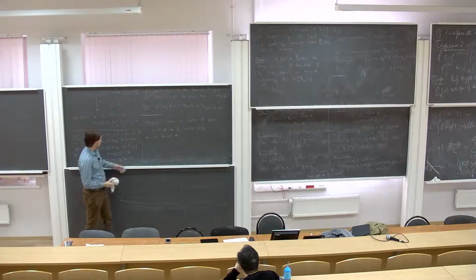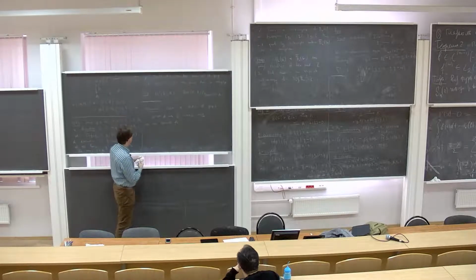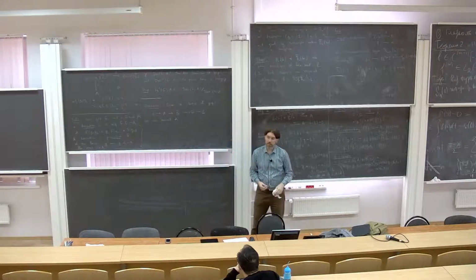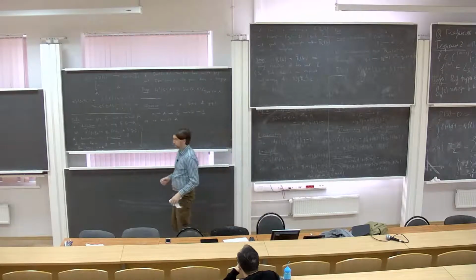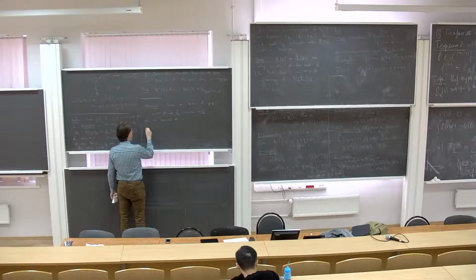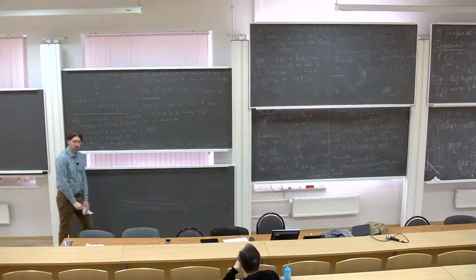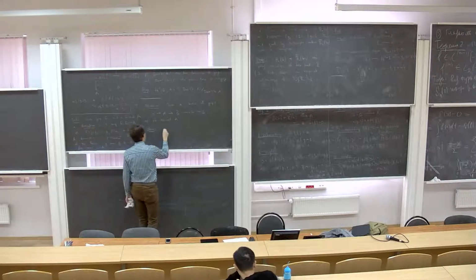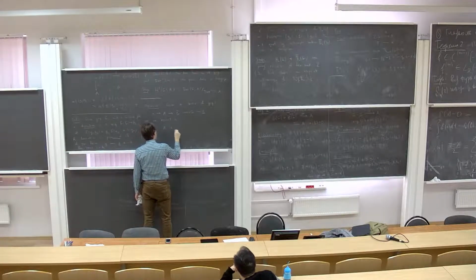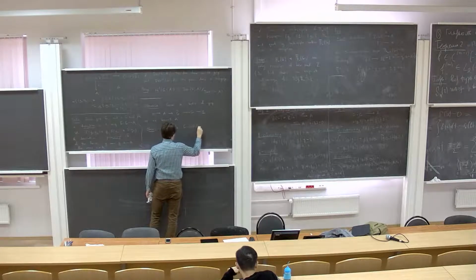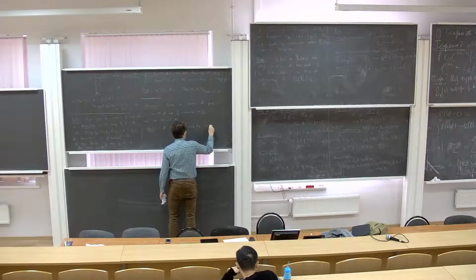Okay. Then the observation is that there's an action of G on A. So A is actually a G module. So then, claim: A becomes a G module via the following.